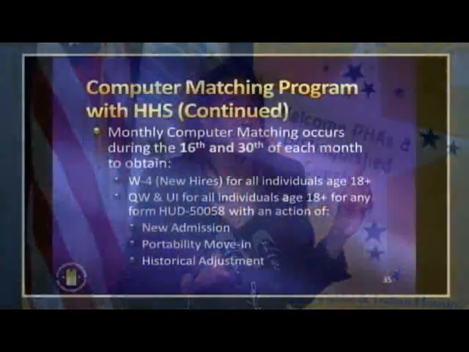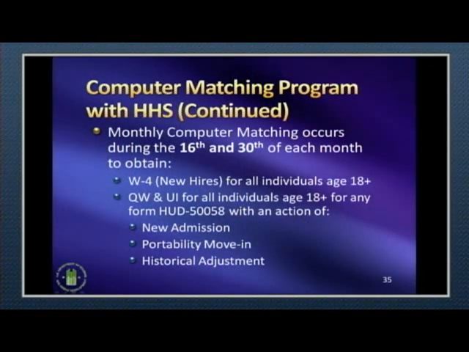Okay, so they have to be 18 and over, but I do have good news, because some people are like, well, what about the people that are going to turn 18 next month? We've got a remedy for that. Monthly computer matching occurs with HHS between the 16th and the 30th of each month. Notice that our HHS computer matching begins once the SSA computer matching completes.